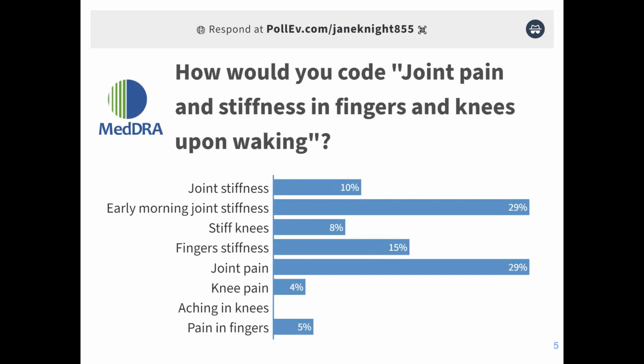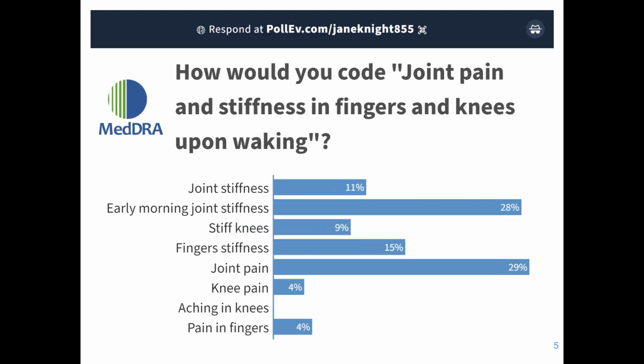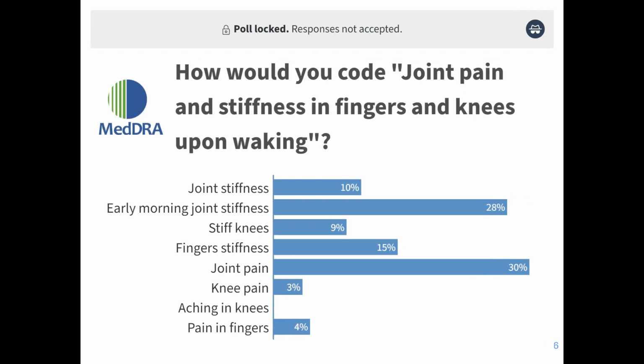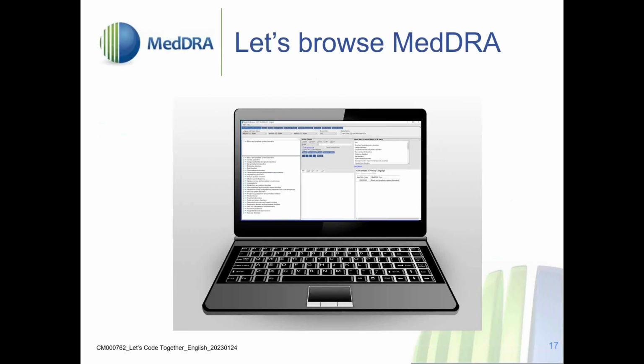So we have a split of opinions: joint stiffness, early morning joint stiffness, stiff knees, finger stiffness, joint pain. So early morning joint stiffness and joint pain seem to be the favorite assignments, but we also have other suggestions, like, for instance, fingers stiffness and pain in fingers. Split of opinions here. Let me close the poll and switch to my browser.